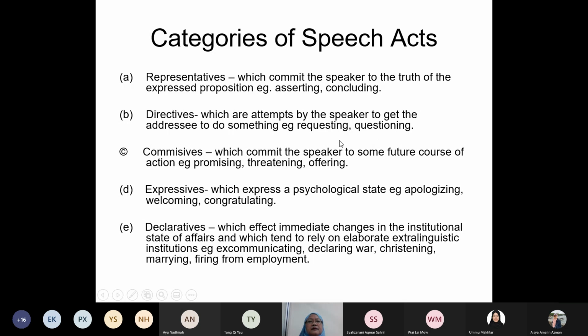This will cause a reaction on the part of the hearer. When you're requesting, the hearer will do something that you want her to do. Questioning, in terms of directives, means the hearer will understand that you're expecting an answer.